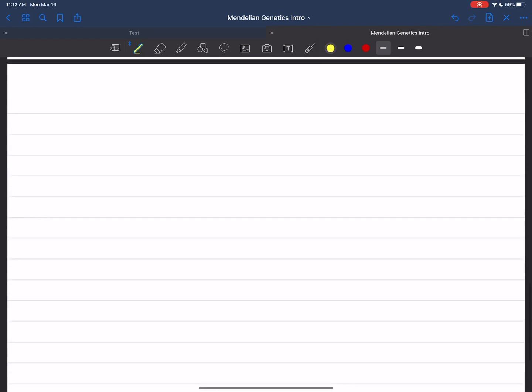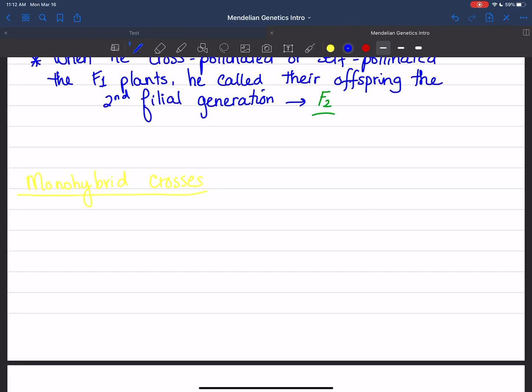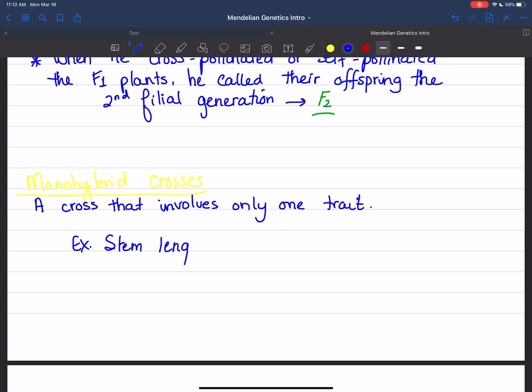Okay. So a monohybrid cross is a cross that involves only one trait. For example, stem length in a plant.